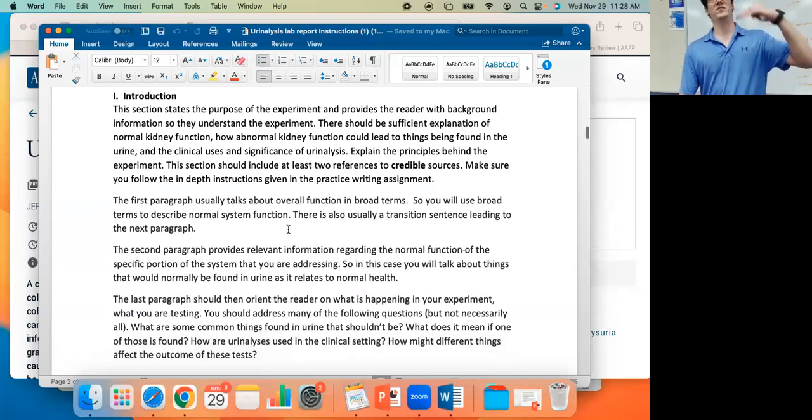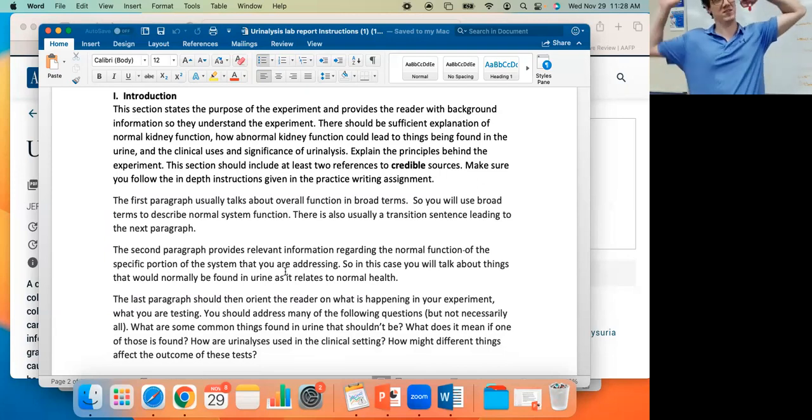So first paragraph, talk about normal systems. Second paragraph, the type of things that you would expect to be found in the urine, why you might expect to find these. Like, hey, we are Americans, especially Americans with high protein diets, you would expect to find ketones in the urine. But then in the third paragraph, talk about the things that you shouldn't find there.